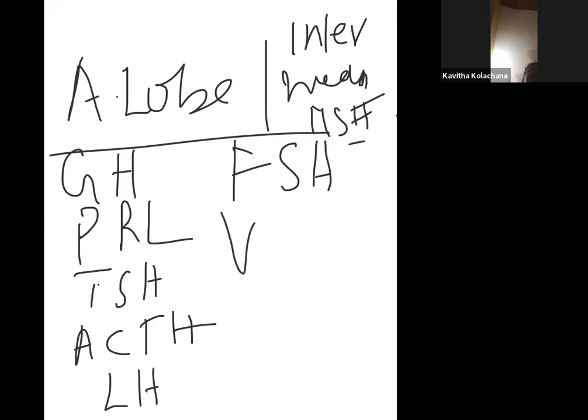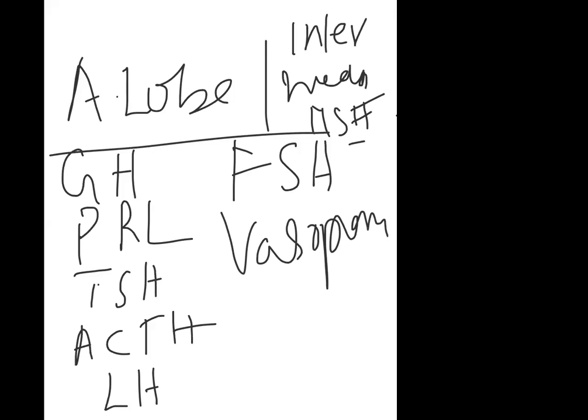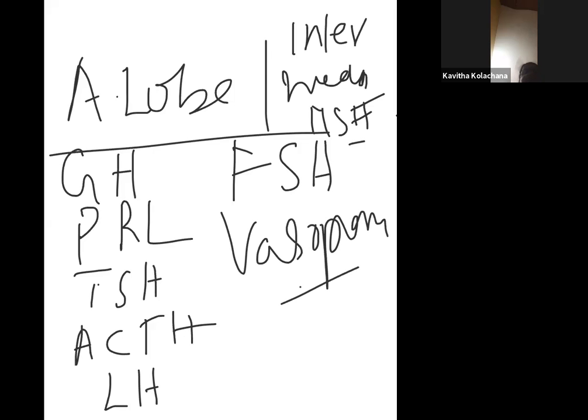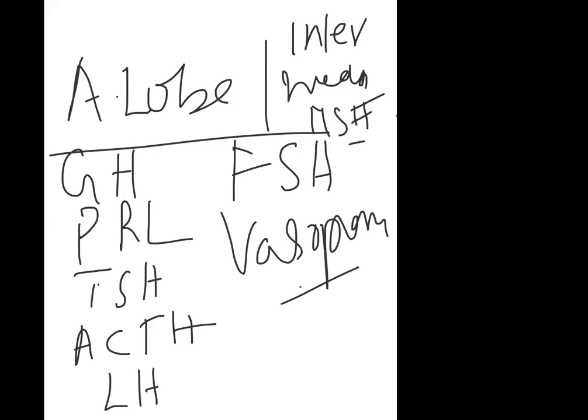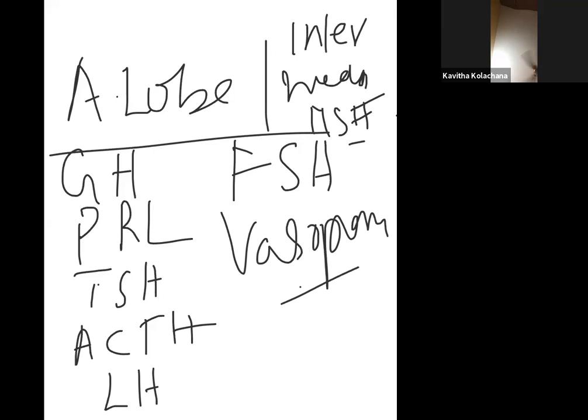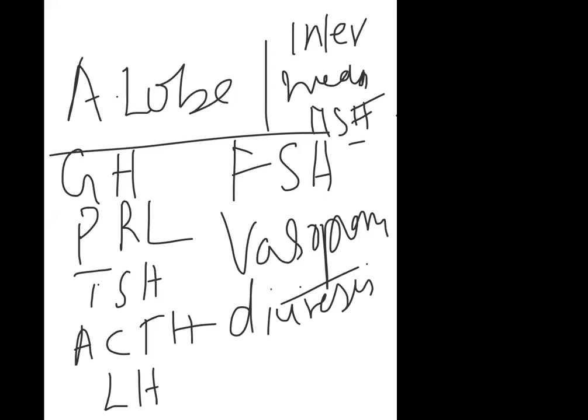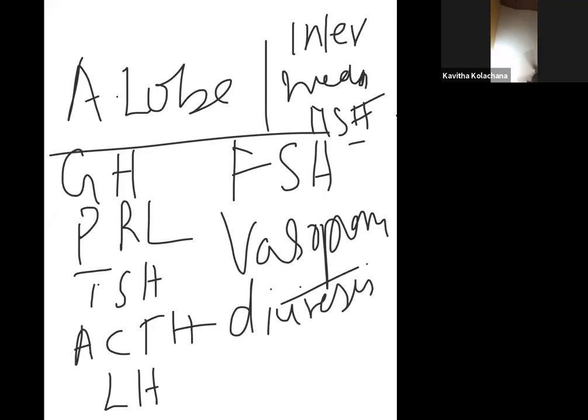And vasopressin mainly acts on the kidney, on water retention, which we already did. That is the antidiuretic hormone. It controls how much water is reabsorbed for urine production, reducing the loss of water in the urine. The opposite we call diuresis. So these are your basic hormones.